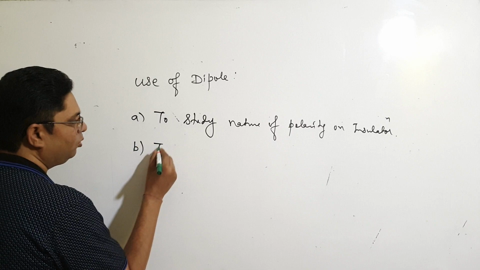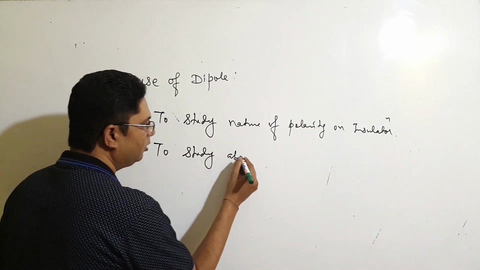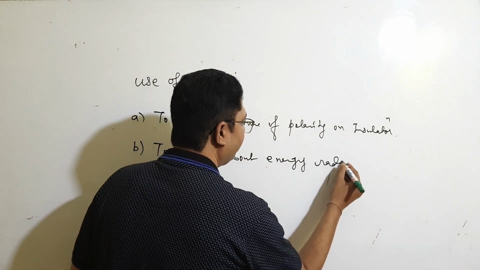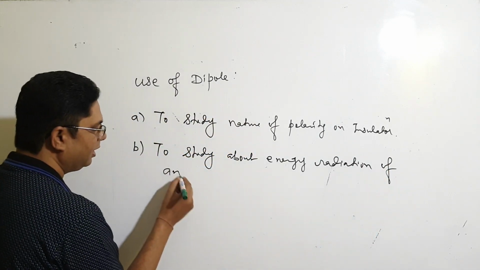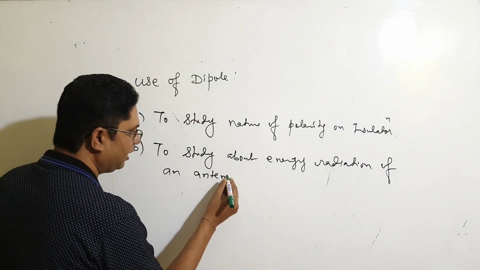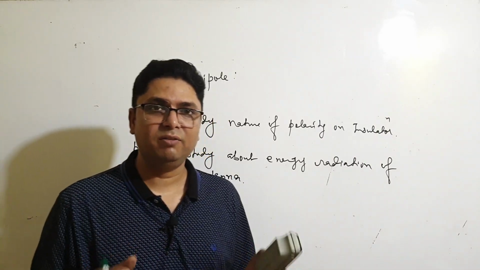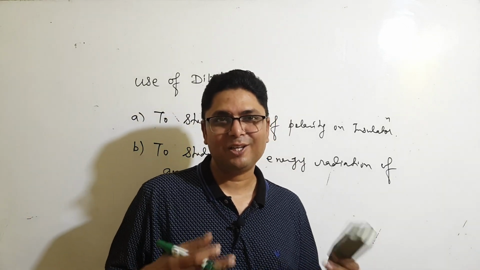So second, to study about the energy radiation of an antenna. Thus, you have understood what is the physical significance of electric dipole and what are the uses of electric dipole.